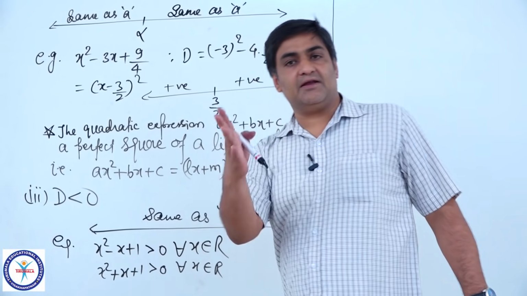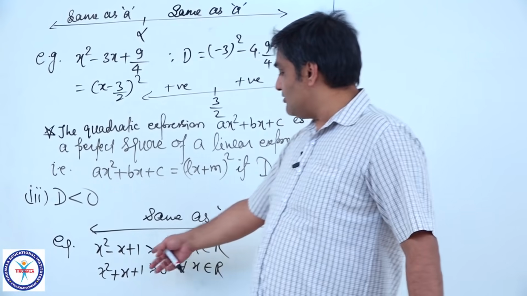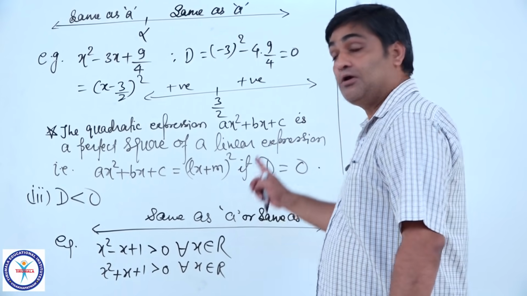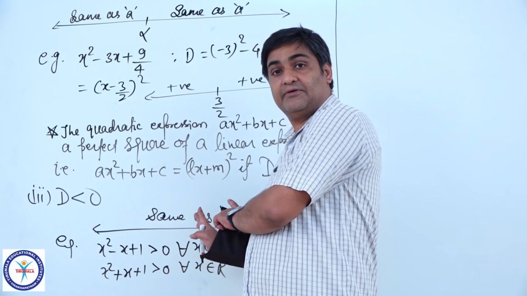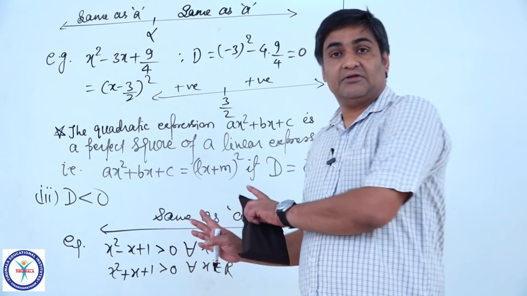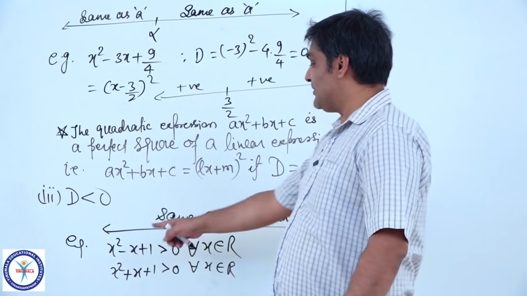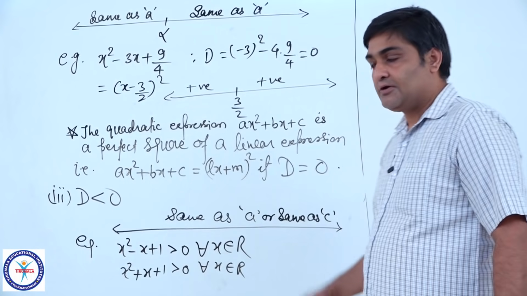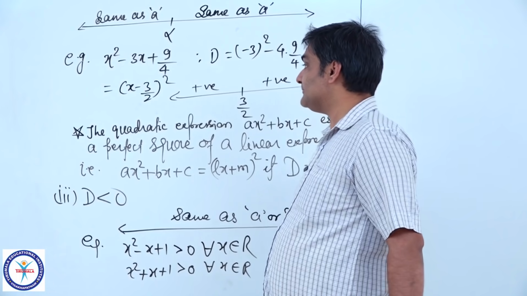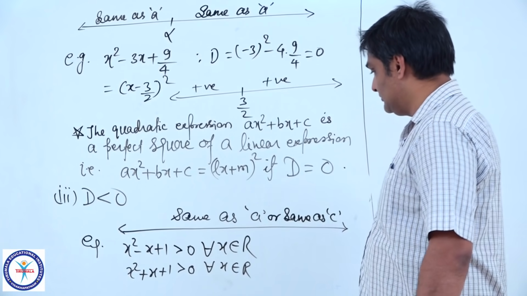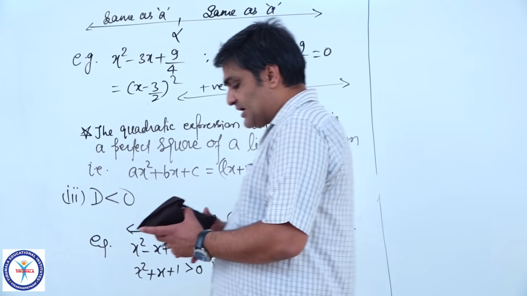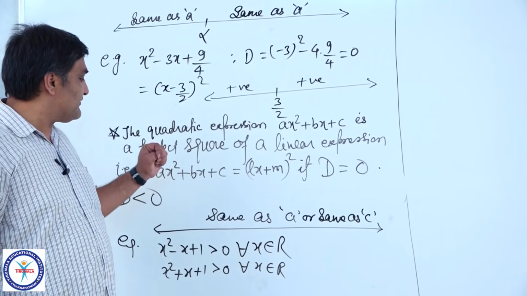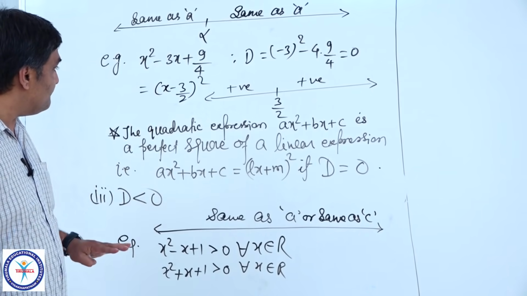If you put any real value of x, the value of these quadratic expressions, whose discriminant is less than 0, the sign of the value will be same as the coefficient of x square, which is positive in both cases. Okay.